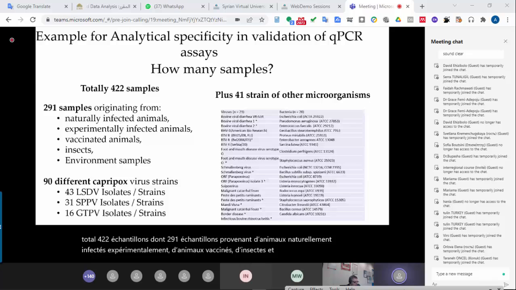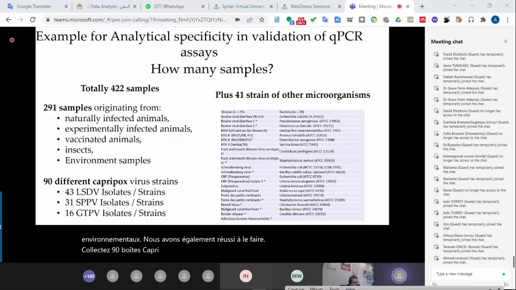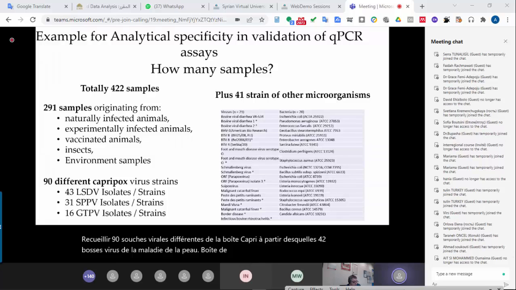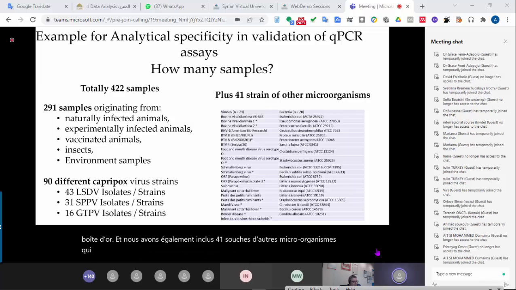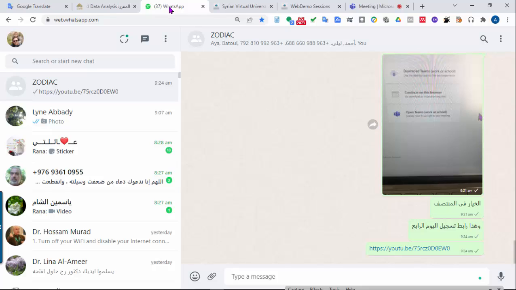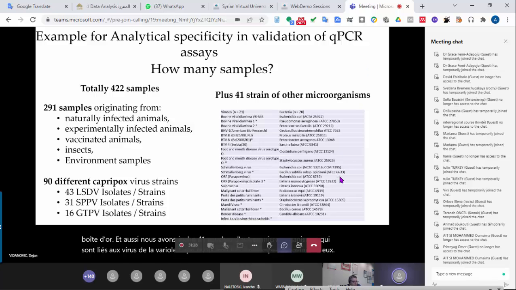Also, we managed to collect 90 different Capripox viral strains, of which 42 were lumpy skin disease virus, 31 sheeppox, and 16 goatpox strains. And we also included 41 strains of other microorganisms that are related to Capripox viruses, or related to bovine species and can cause disease in bovine, to see the exclusivity of our assays.